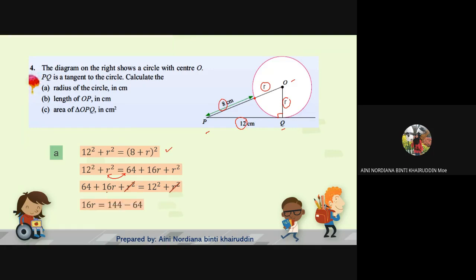Next, 16R equals 12 square, 144, minus 64. Then you will get 16R equals 80. R equals 80 divided by 16 equals 5 cm. So R here is 5 cm.